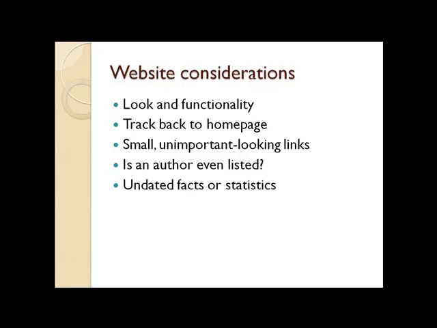You want to look for facts or statistics that don't tell you where they came from or how old they are. If they say 27% of the country said a certain thing, you want to know whether that was taken last week or whether that was taken in 1967. That would make a big difference in how you use that information in a paper.